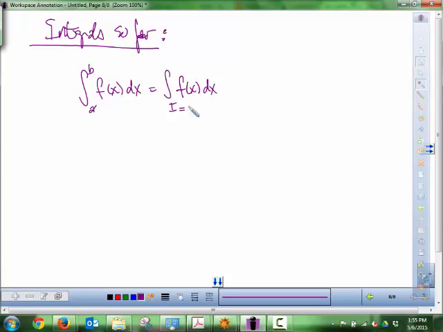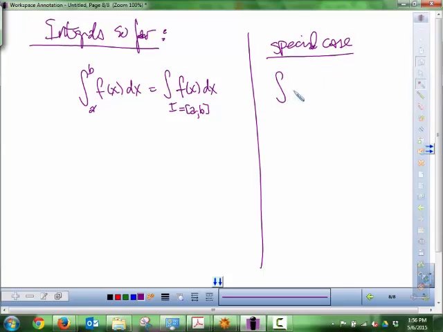I is the interval from A to B. And I want to put a special case over here, which is kind of silly for this, but if we integrate 1 dx, what is this going to equal? The length of the line segment, the length of the interval, length of I. Right?